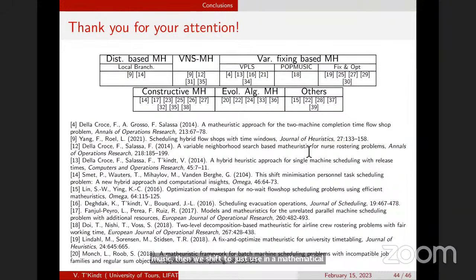So can we consider this method as a matheuristic, based on your experience?